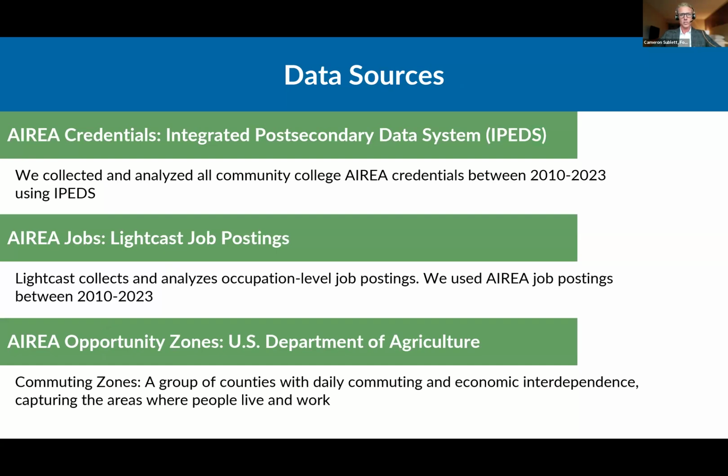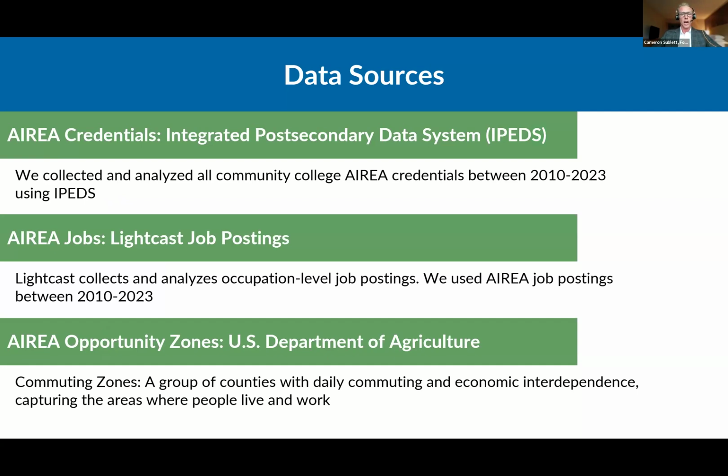To answer these questions, we relied on data from several sources. To track area credential completions across community colleges and time, we downloaded and analyzed IPEDS directory and completions files from 2010 to the most recent data file of 2023.